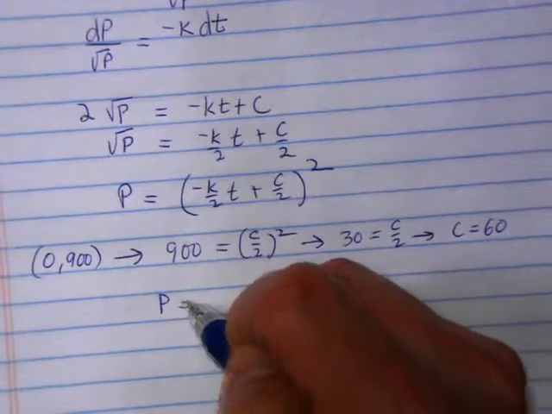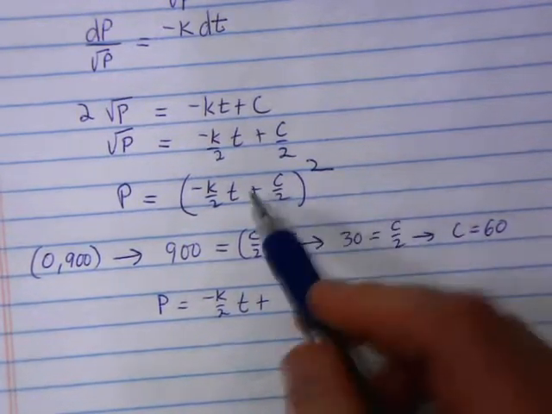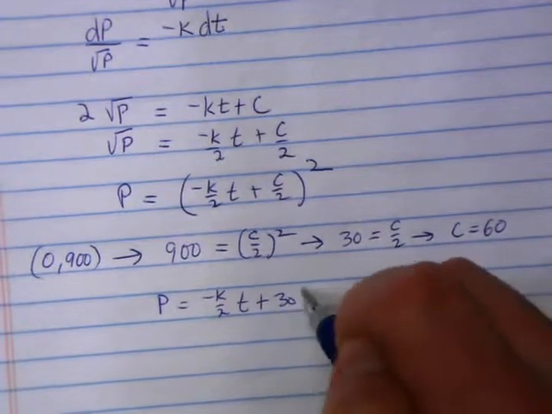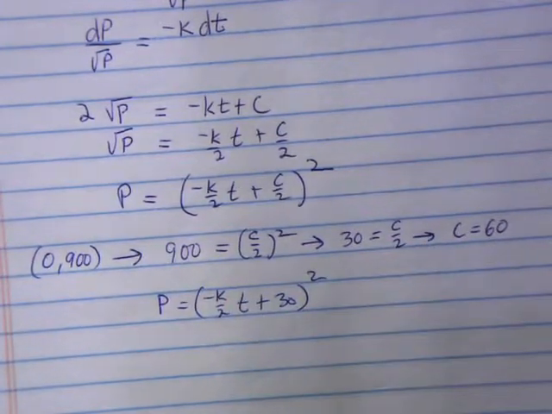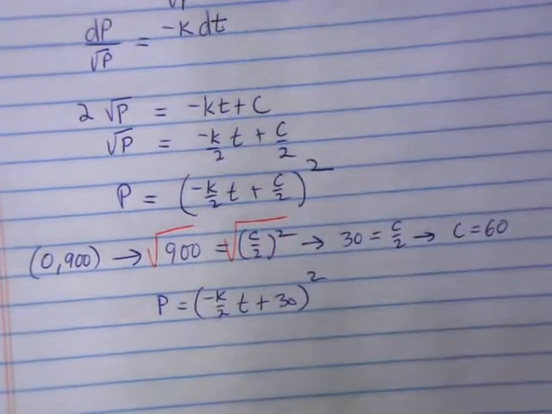So p equals negative k over 2t plus 60 over 2, which is 30. Wouldn't it be 4 because it's squared? No, because I took this equation and did the square root on both sides, so I got rid of the squaring and didn't have to square the bottom.